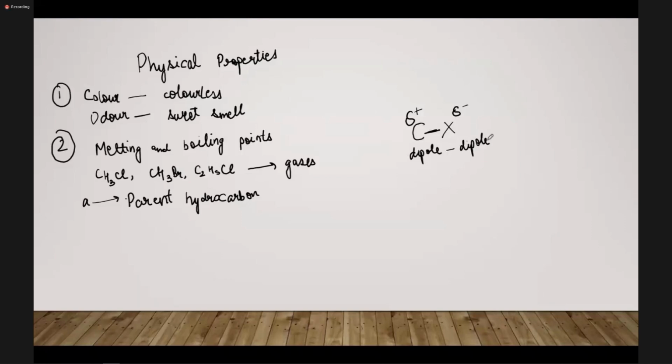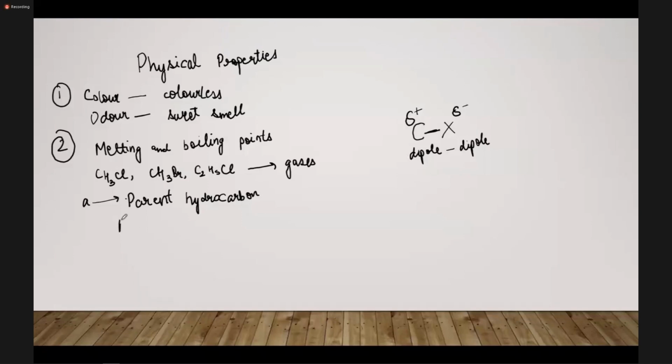So these two forces are considered here. That means the forces of attraction are more in the case of alkyl halides. This is why halides have higher boiling points as compared to the parent hydrocarbon.